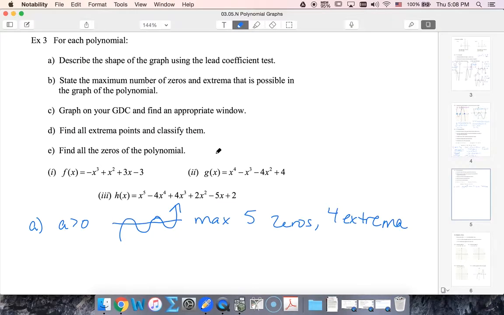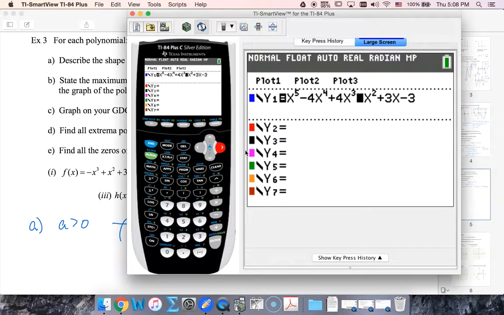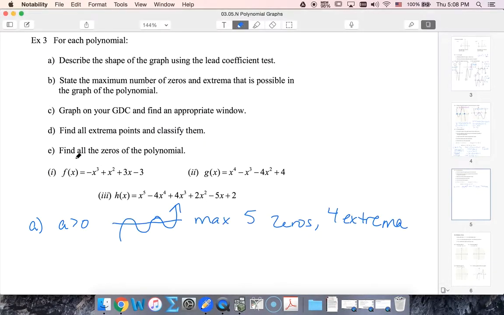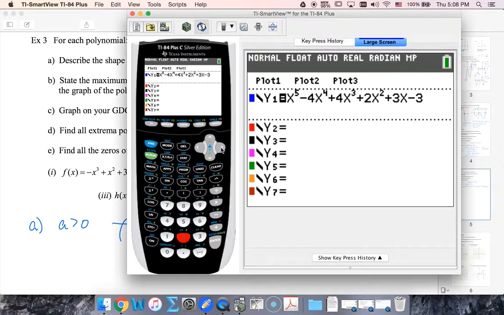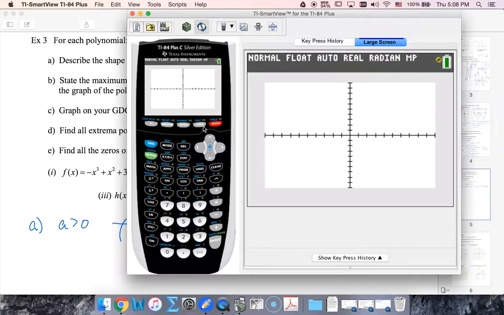All right, and now we've got plus 2x squared, so I need to insert a 2. Minus 5x plus 2. All right, so let's look at our graph and then adjust our window as necessary.